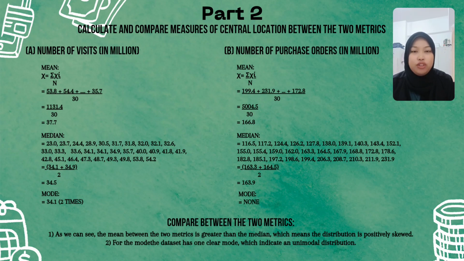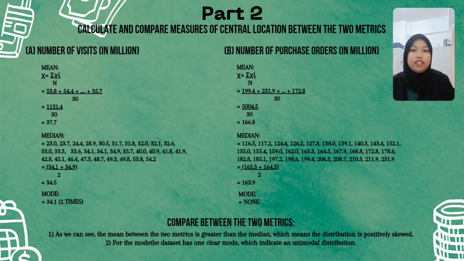For median, you must arrange the numbers from small to big, then find the middle number. For the middle numbers, I get 34.1 and 34.9. Then I add these two numbers and divide by 2, I get 34.5. For the mode, I get 34.1 that appears 2 times.